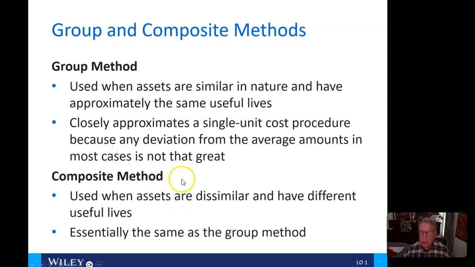The other approach here is the composite method, and that's used when the assets are dissimilar and have different useful lives. And essentially, we're going to do the same thing as the group method in our calculations.